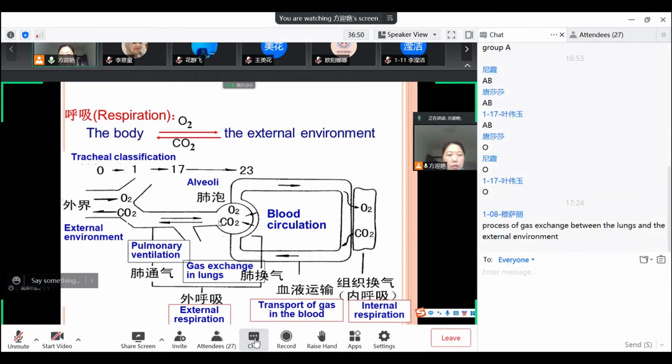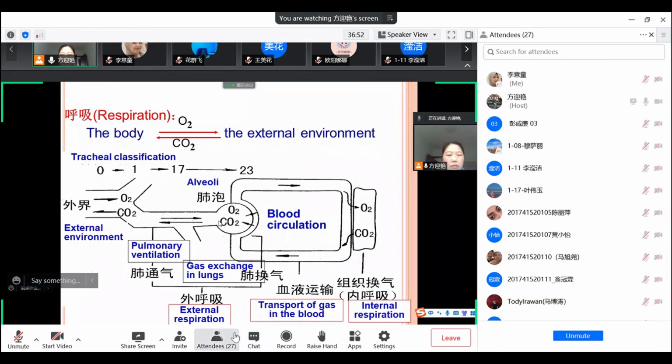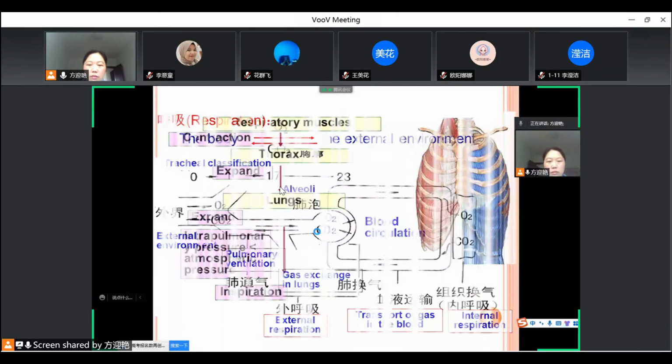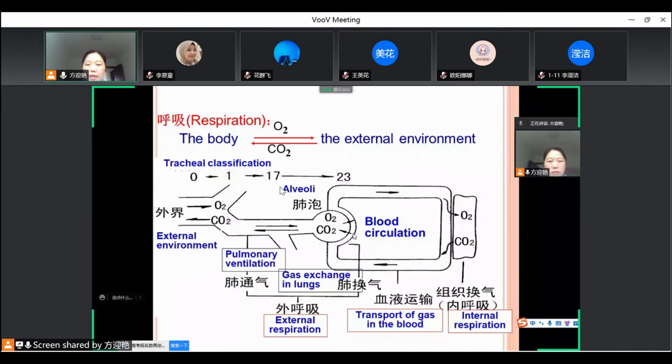We know that when the pressure of oxygen in the lung is lower than the external pressure, yes, inside the body, very good. The pressure is different, thank you, 林姐. The pressure is different from the external environment.